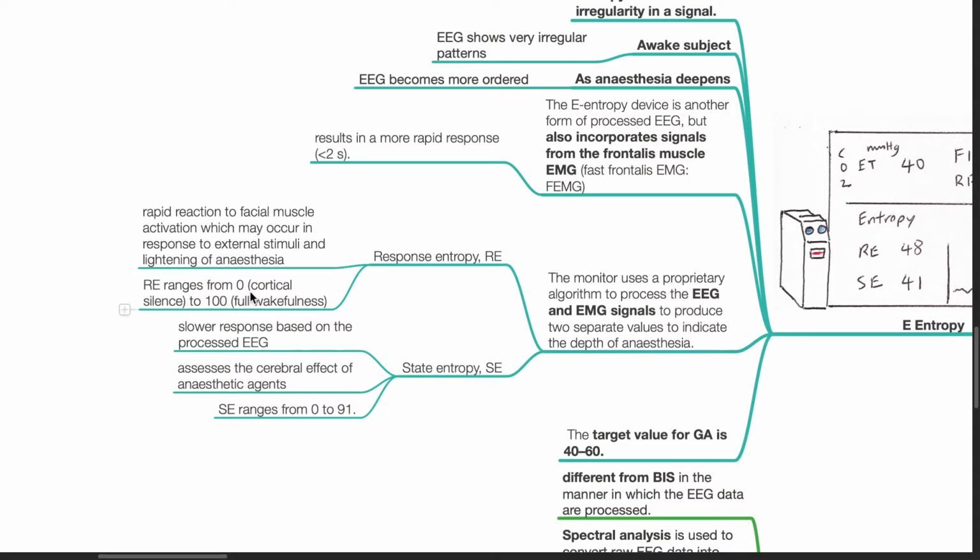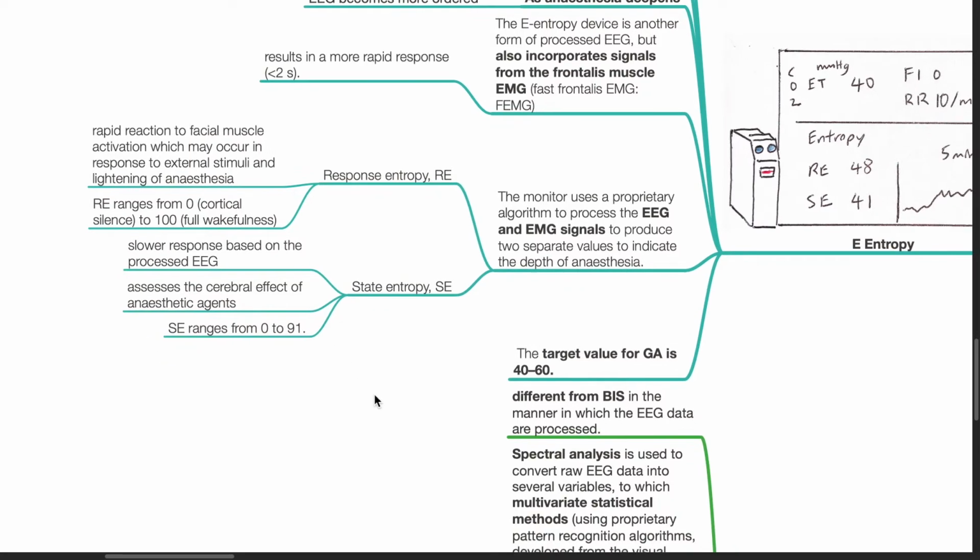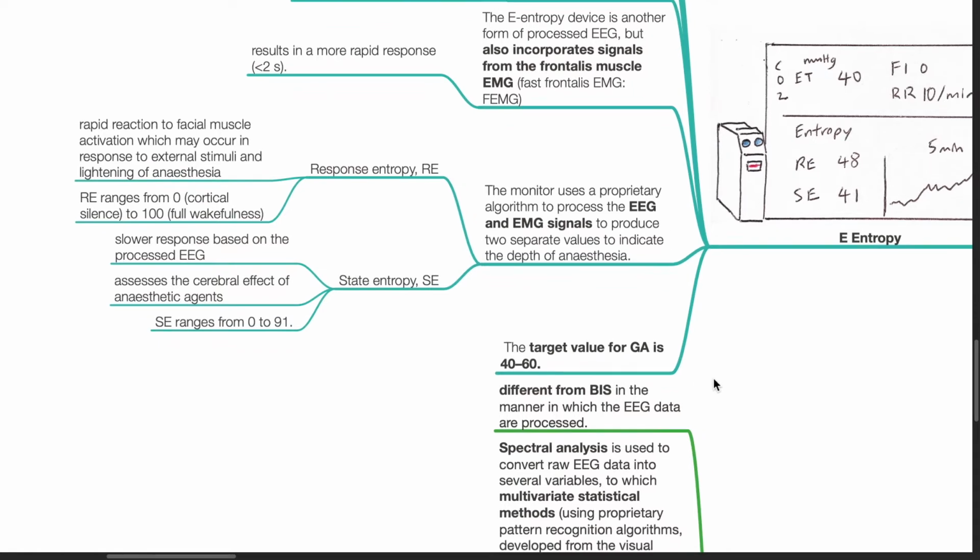RE ranges from 0, indicating cortical silence, to 100, indicating full wakefulness. Secondly, state entropy, or SE, is a slower response based on the processed EEG; it assesses the cerebral effect of anesthetic agents and ranges from 0 to 91. The target value for general anesthesia is 40 to 60.